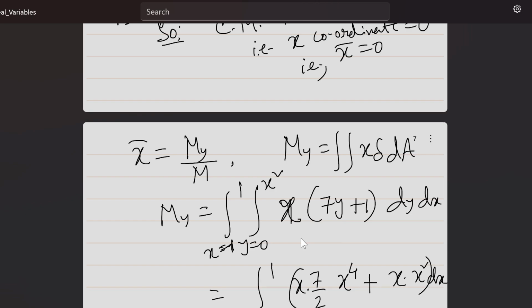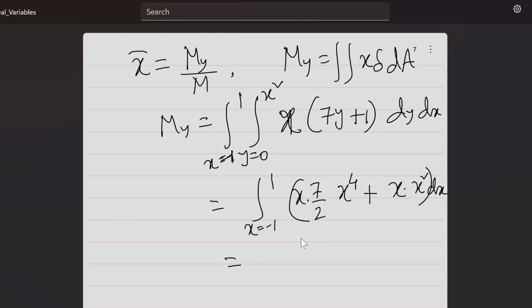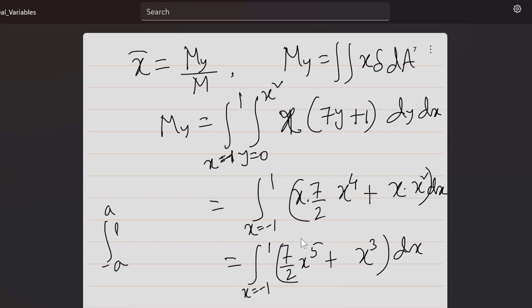This is nothing but an odd function: the integral from -1 to 1 of 7 by 2 x power 5 plus x cube. The integral from -a to a of f(x) dx is 0 when f is an odd function.